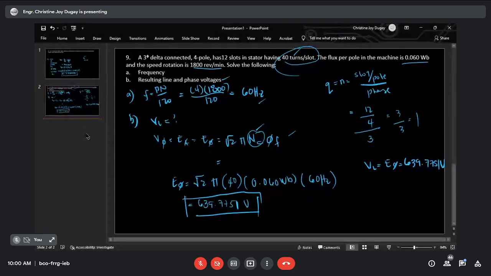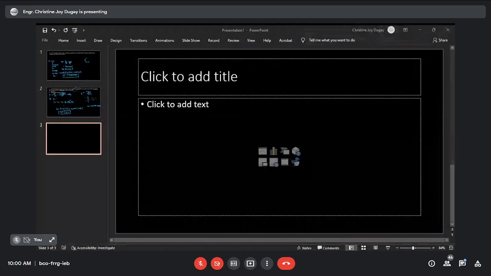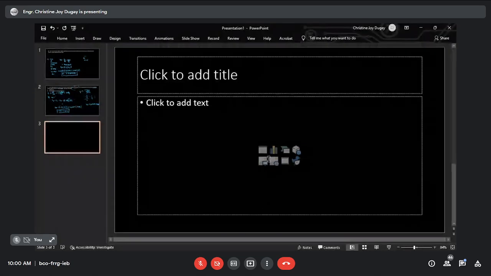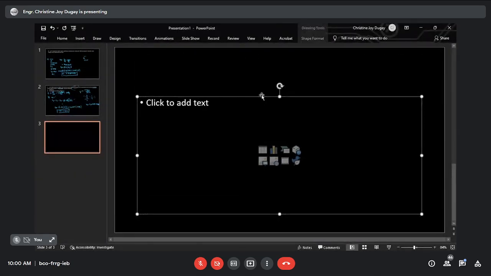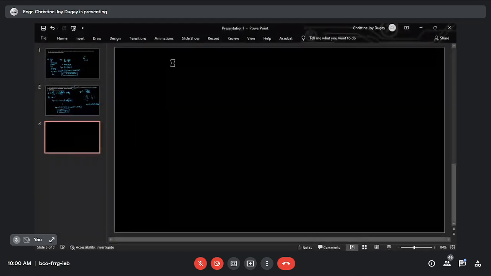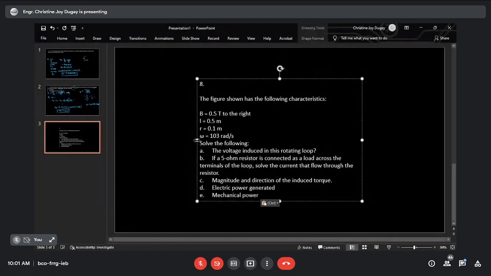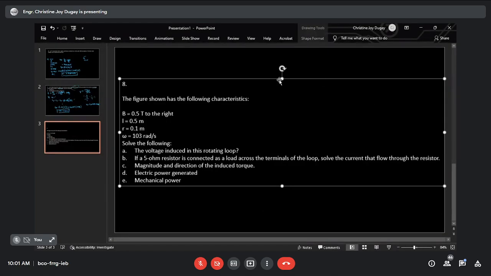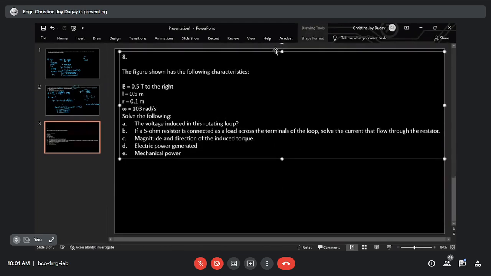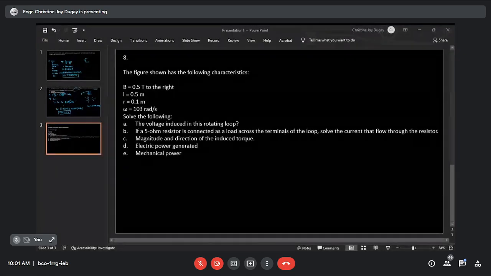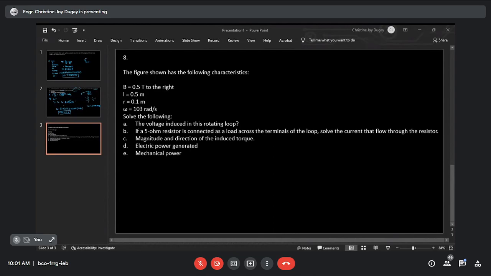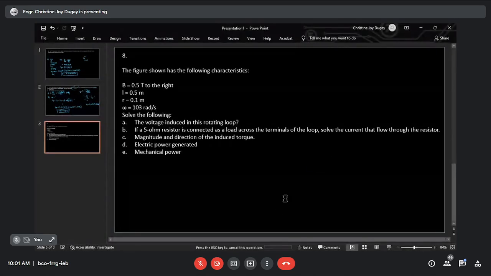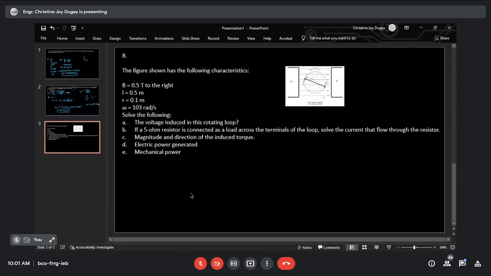For number 8, this is the question. Oh, someone already sent an answer. Oh, I thought it was a joke. The figure is in your module, or let's just copy it. That is the figure, and solve it.